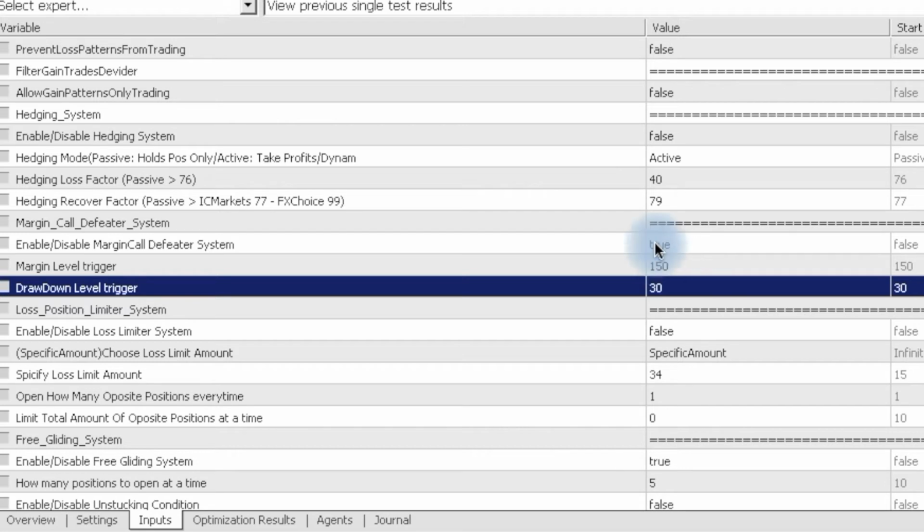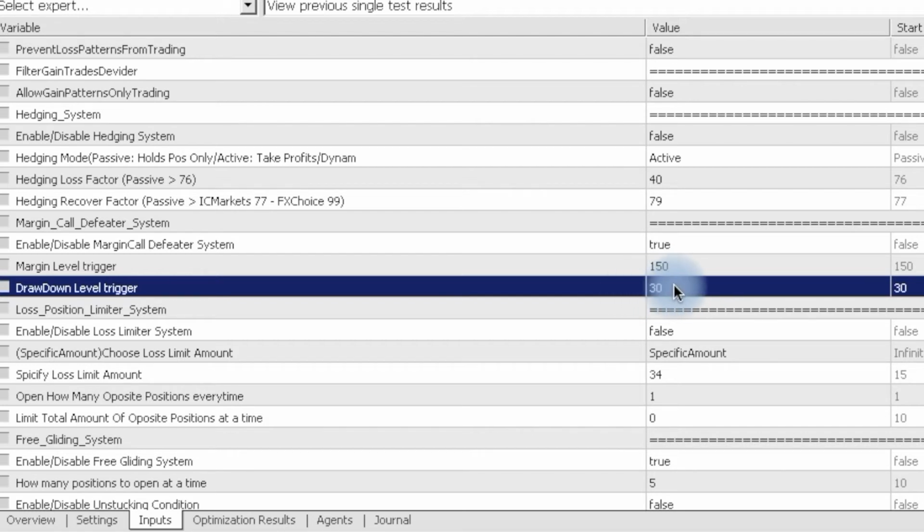What this system does is basically open a counter position only when I reach a margin call level, and also my drawdown means my positions are in minus.